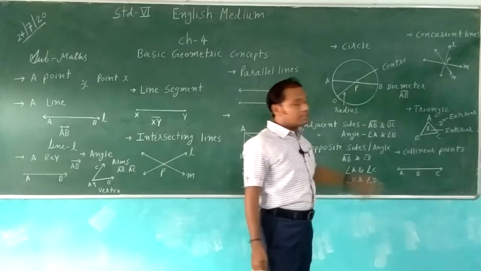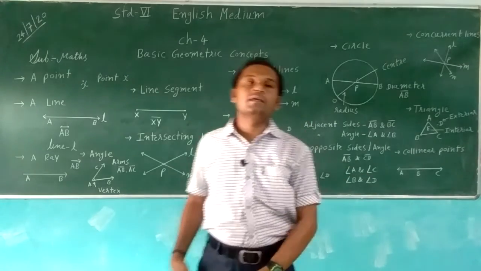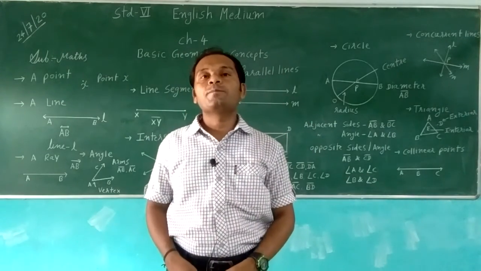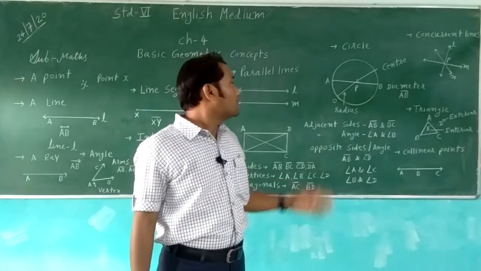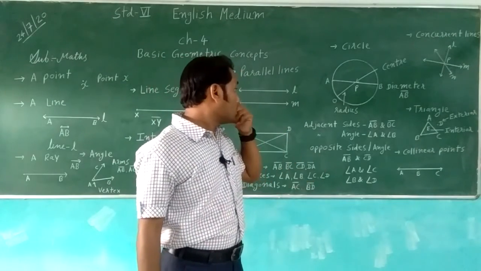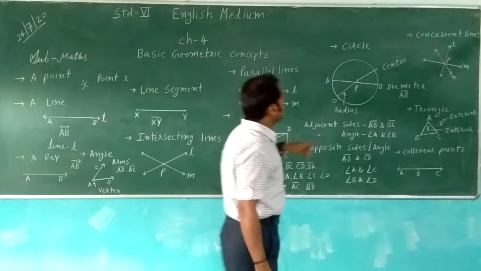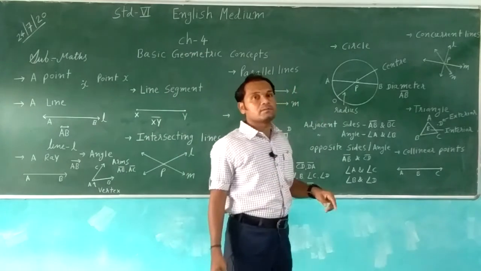If any line passes through the center of the circle and has two end points on the circle boundary, it is called the diameter. So this is the radius and diameter.